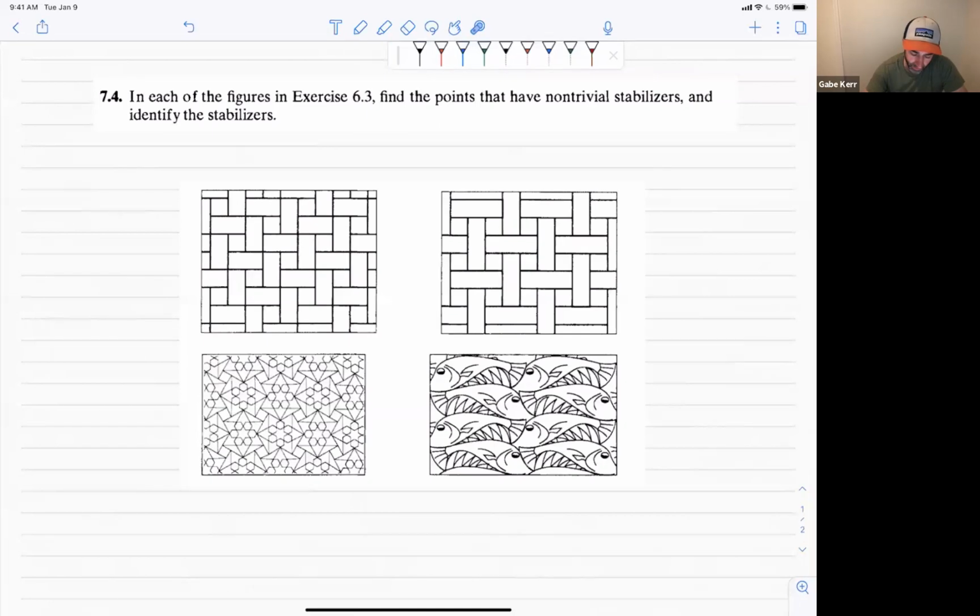So, we can look at one of them. Let's just look at the first one, for example. You guys tell me what points you think might have non-trivial stabilizers of the isometry group, the crystallographic group that preserves it.